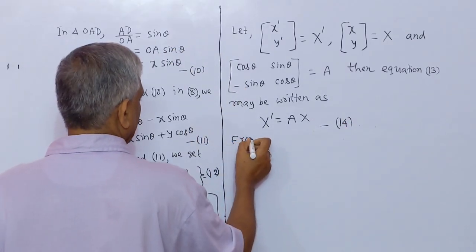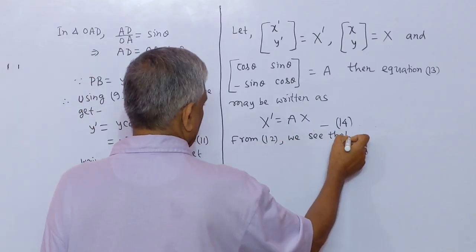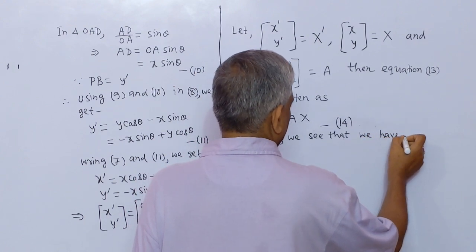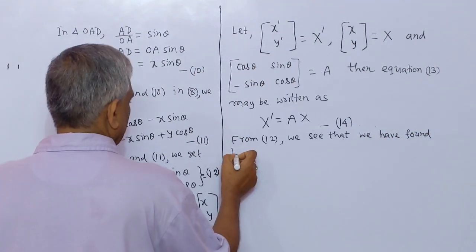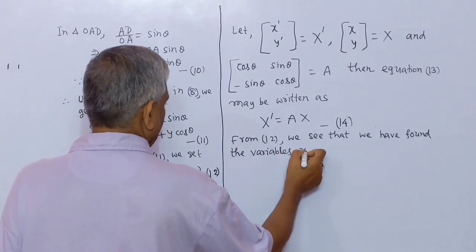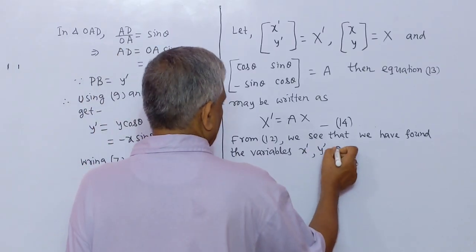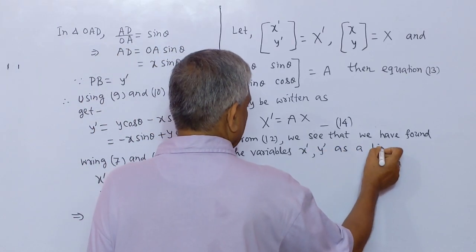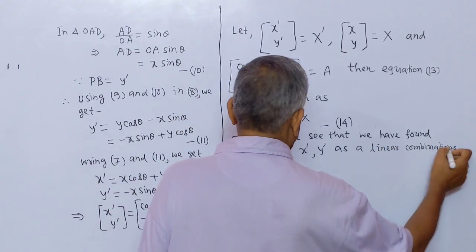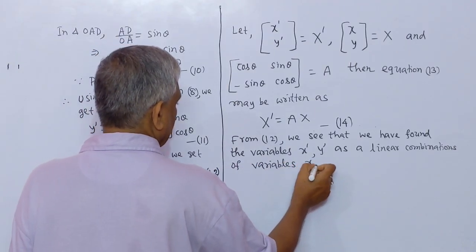From 12 we see that we have found the variables x prime, y prime as a linear combination of variables x and y.